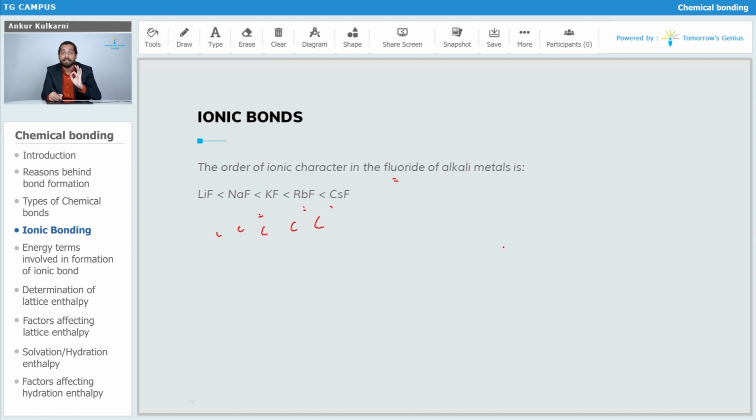If the size of your electropositive atom is increasing, then the bond strength will also increase because the ionic character is increasing. Remember this. Hence, in the case of fluorides, the electropositive character of lithium, sodium, potassium, rubidium, cesium is increasing. Hence, the strength will also increase.